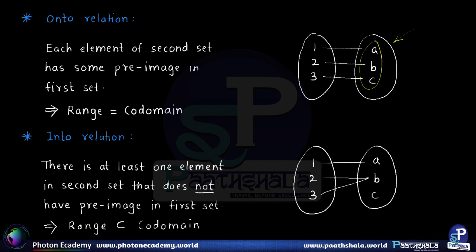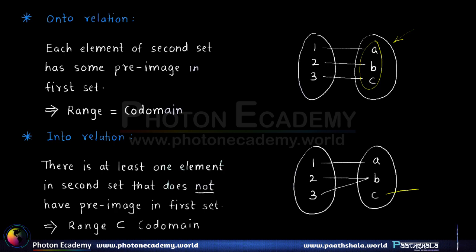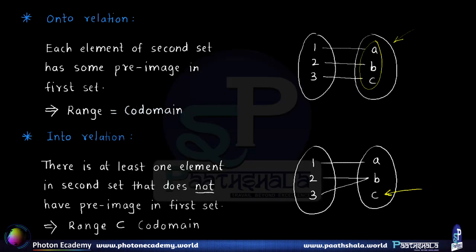So if you see the example here, there is one element C in the second set which does not have any pre-image in the first set, right? So that makes the relation as into relation. So here we once again see that the classification is from the perspective of second set, that is we are having the elements of second set involved in the classification of relation, right?